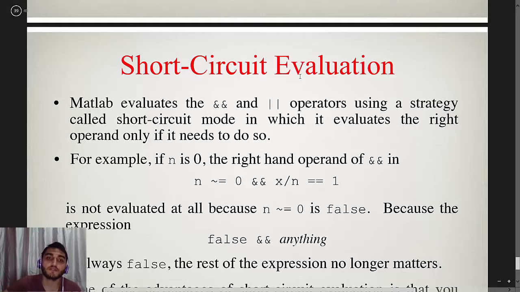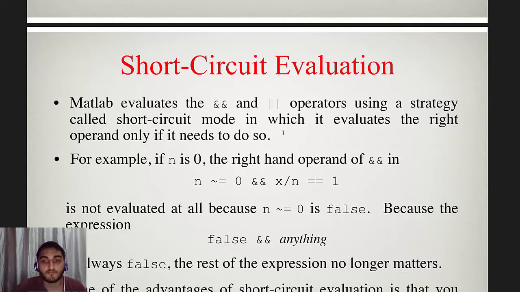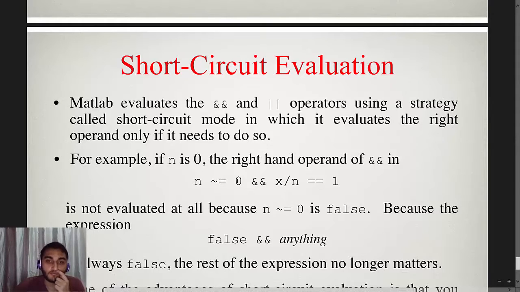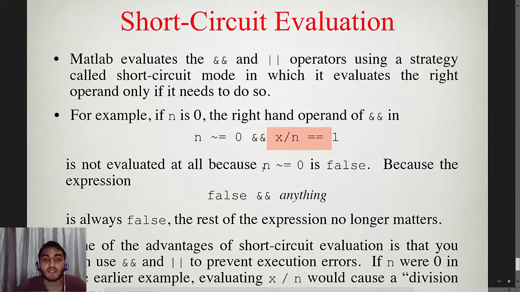Short circuit evaluation. MATLAB evaluates the AND or OR operator using a strategy called short circuit mode, in which it evaluates the right operand only if it needs to. For example, if n is 0, the right hand operand of n not equal 0 and x over n equal 1 is not evaluated, because the expression false and anything is false.